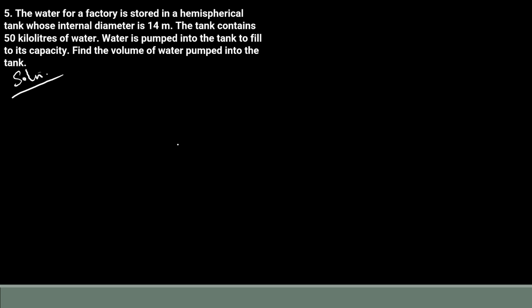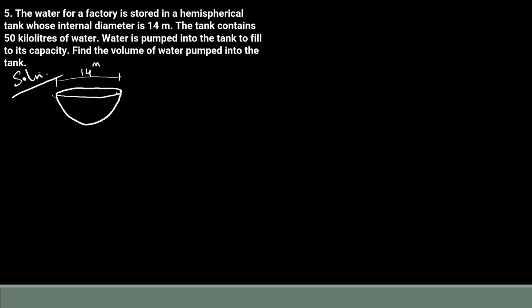A water tank for a factory is stored in a hemispherical tank. Okay, there is a hemispherical tank of internal diameter. So let's say this is the internal diameter of 14 centimeter.